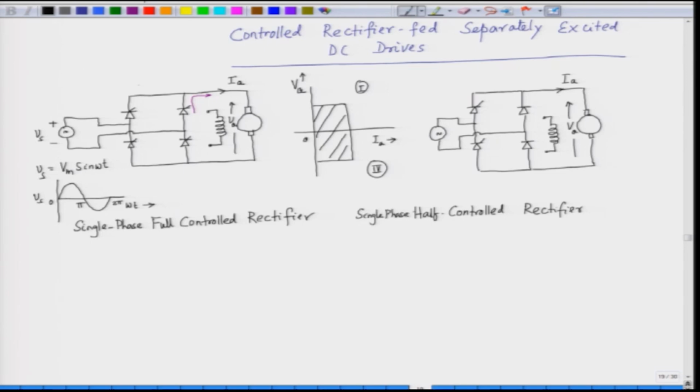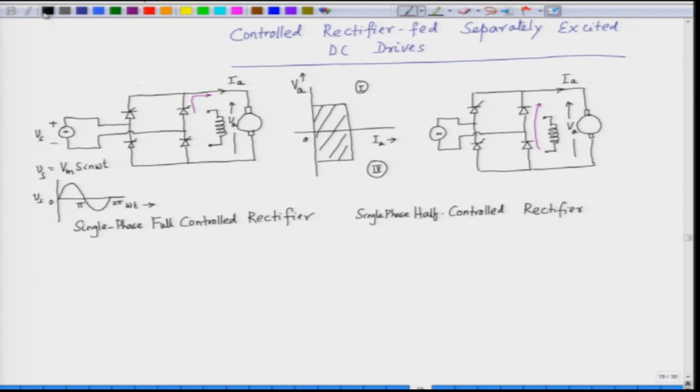Now, what are the operating quadrants here? Because we have these 2 diodes, this diode will be giving a freewheeling path. So, whenever the voltage will try to be negative, these 2 diodes will be forward biased. So, there is a freewheeling path which exists. So, the voltage VA can never become negative. This is why this is called a half controlled converter, and this operates only in the first quadrant.